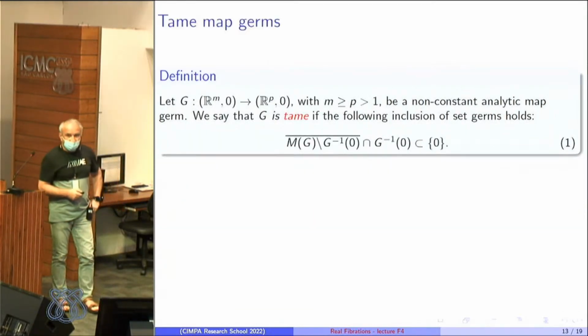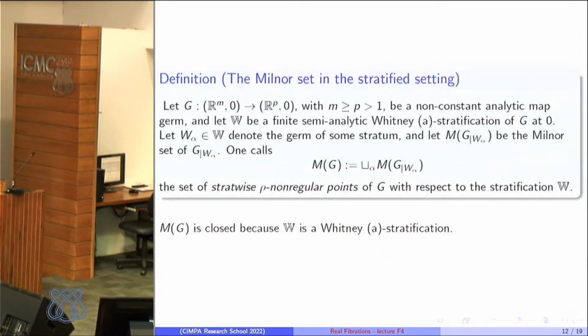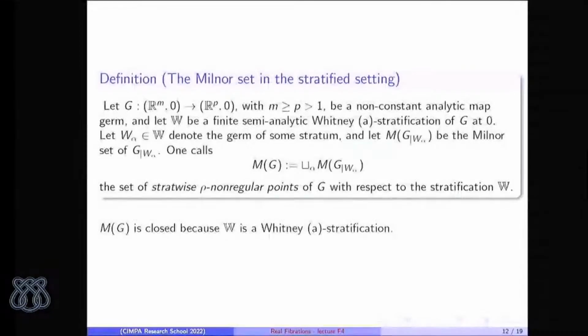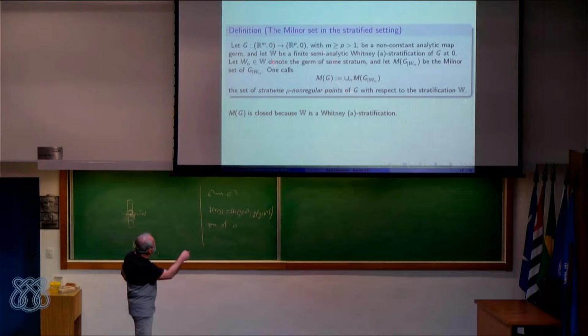Okay, and now go ahead. Yes, so you restrict. You take, say, a stratum W alpha. Now you restrict g to this stratum. It's not a closed submanifold, but it's a submanifold.